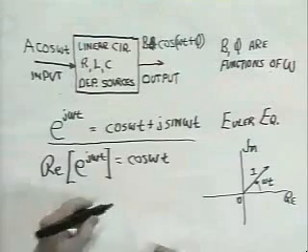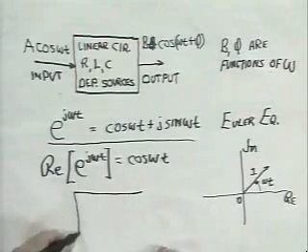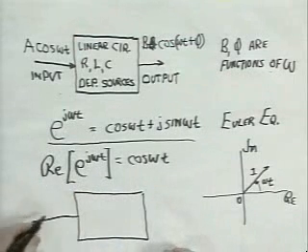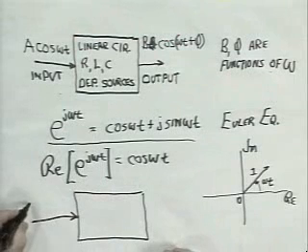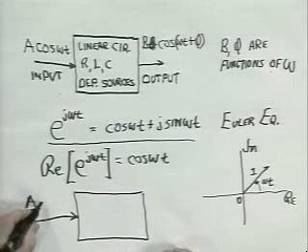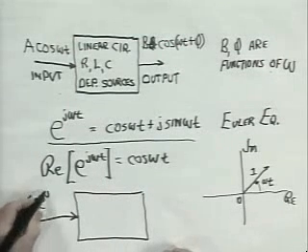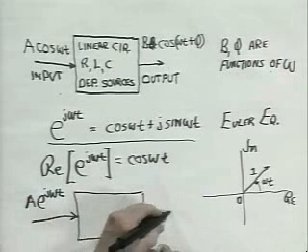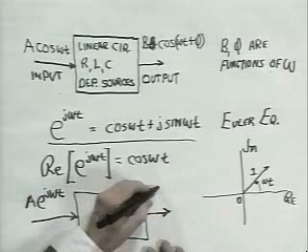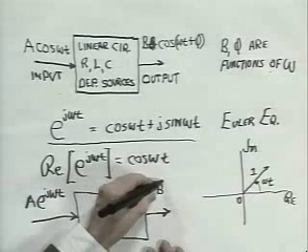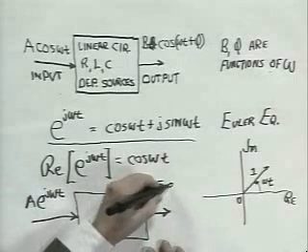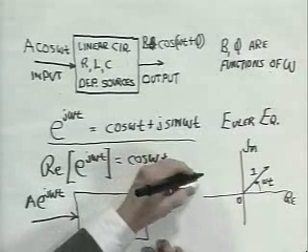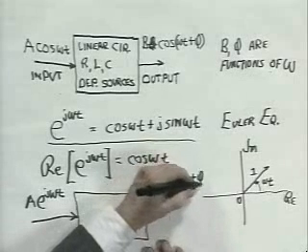If we use e to the j omega t as an excitation, just the same network, if I drive this with some number a, e to the j omega t, what we will get out is some different amplitude, a complex number, times e to the j omega t plus some angle phi.